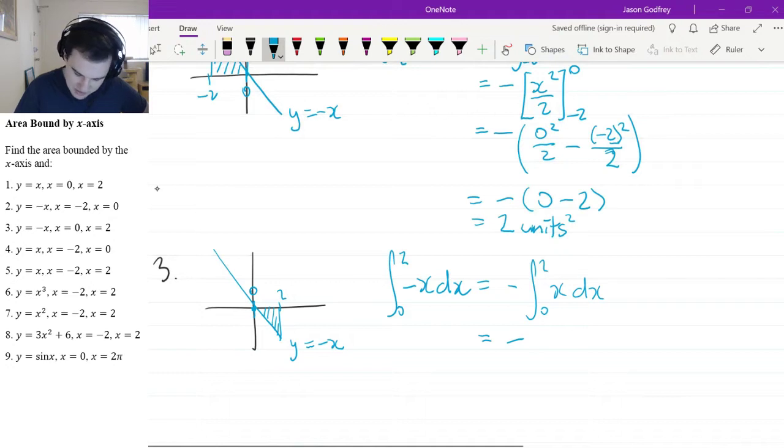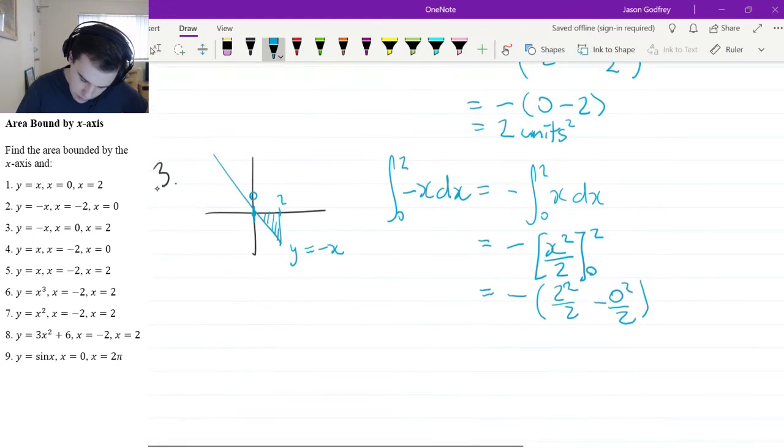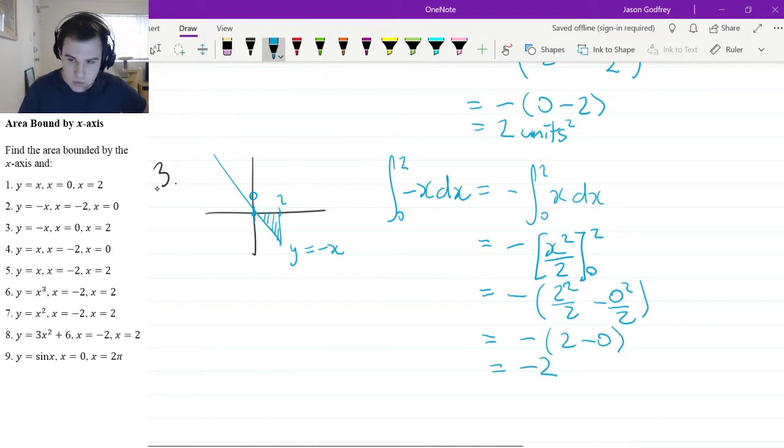Again, the integral of x is add 1 to the power, divide by the new power, from 2 to 0. So we'll get negative, sub in 2 squared on 2, minus 0 squared on 2, which is negative 2 squared is 4 on 2 is 2, minus 0, which is going to be negative 2.